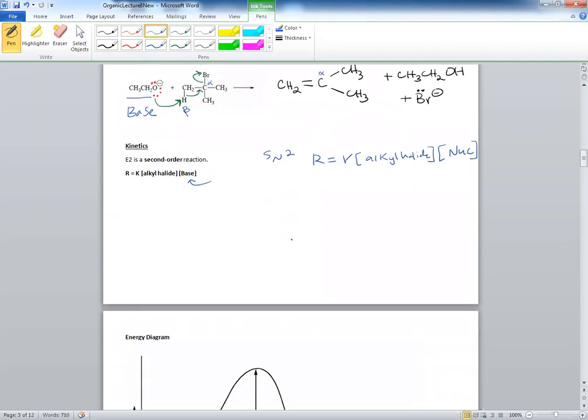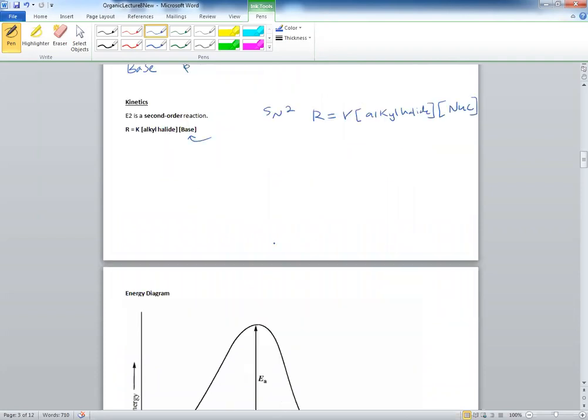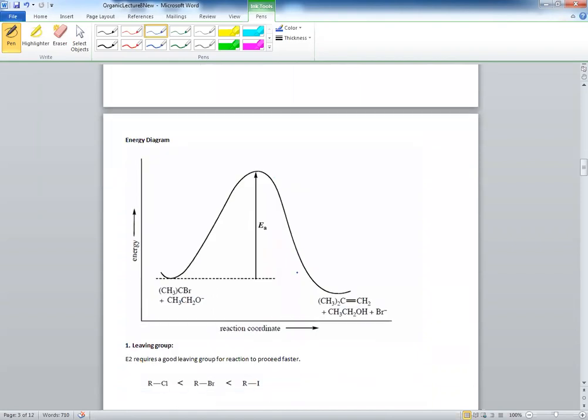Let's talk about the energy diagram really quick. The energy diagram is similar to an SN2 reaction. So one step. Once again, here's the difference between the energy of the reactants and the transition state. So let's mark some things here.